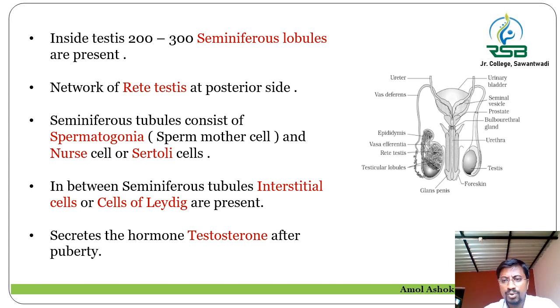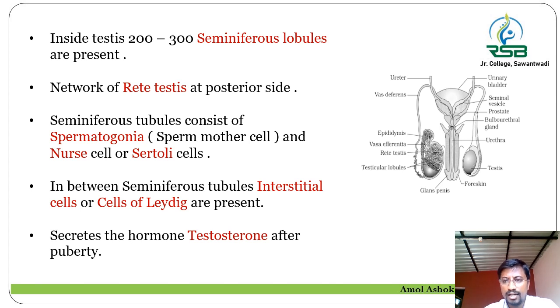So let us come to know the internal features of the testis. Inside the testis there are 200 to 300 seminiferous lobules and the network of rete testis at its posterior side. With the seminiferous tubules, there are spermatogonia, that is the sperm mother cells, and also the nurse cells or Sertoli cells.